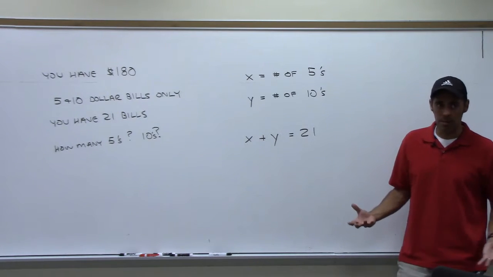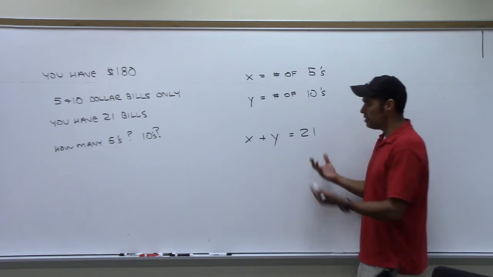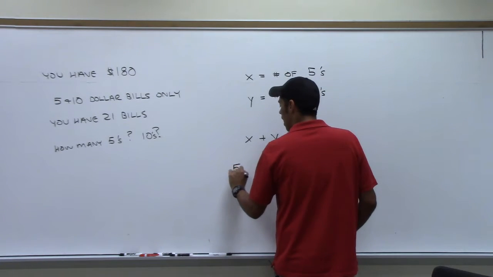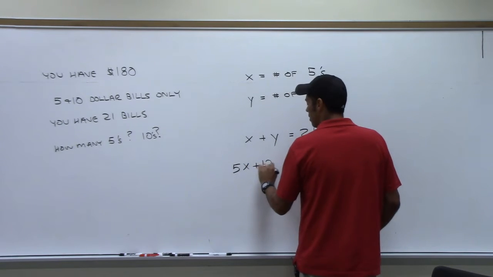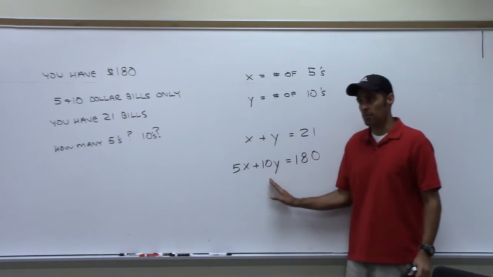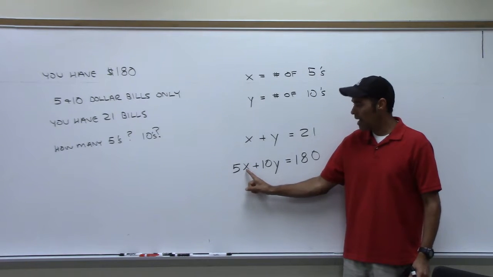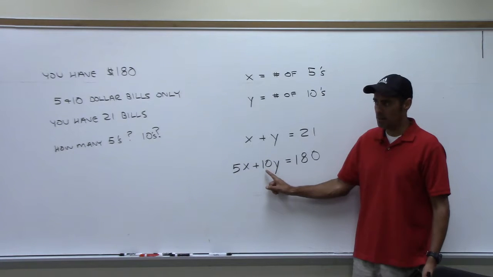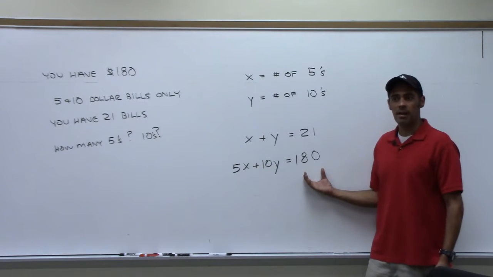That has to total 180. So the second equation I can come up with would look like this: 5 times x plus 10 times y must be 180. It's very important that you understand the interpretation of this. How many 5s I have times 5, plus how many 10s I have times 10, would be my total amount of money in my pocket, which would be 180. Got it?